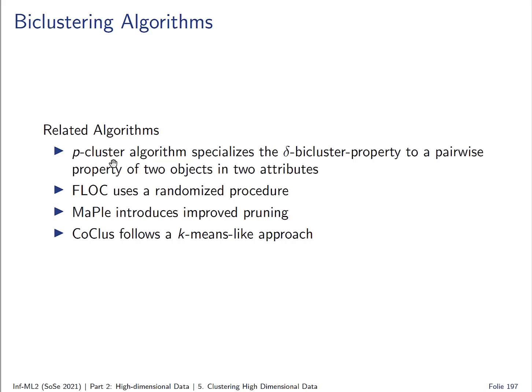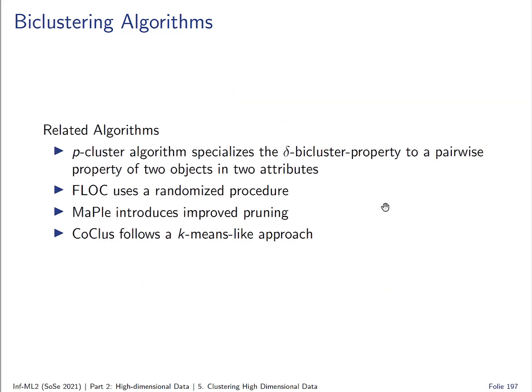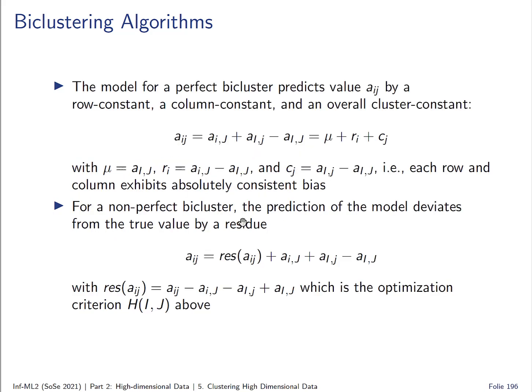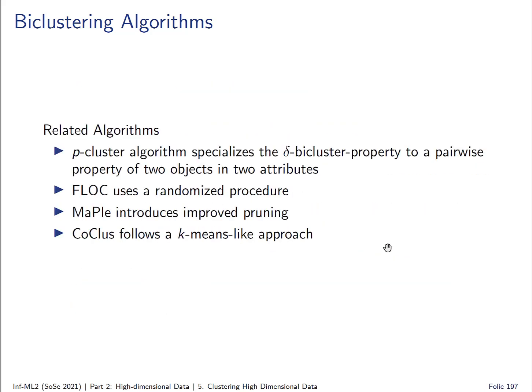So here the P cluster algorithm specializes the delta bicluster property that we had here to a pairwise property of two objects and two attributes. So that gives you a little bit of a different pattern. Then there is an algorithm, Flock, that uses a randomized procedure, Maple, which introduces some improved pruning of candidates, because you only want to have those that have a residue smaller than delta, and so on.